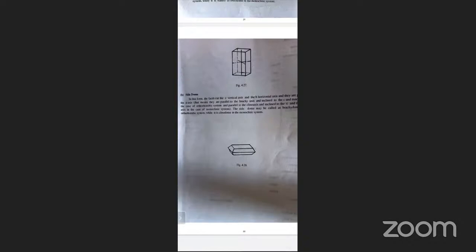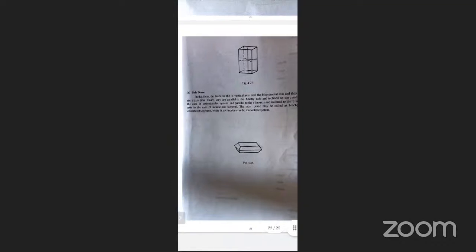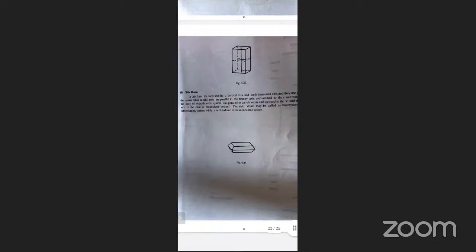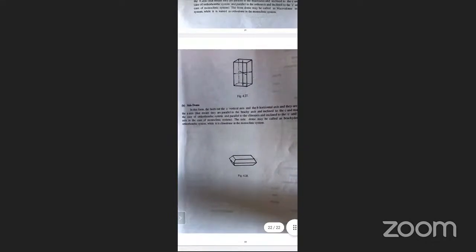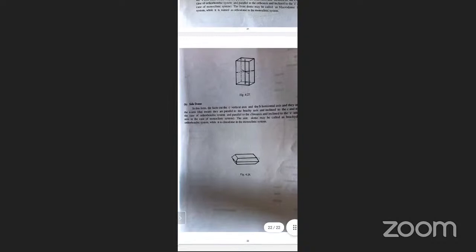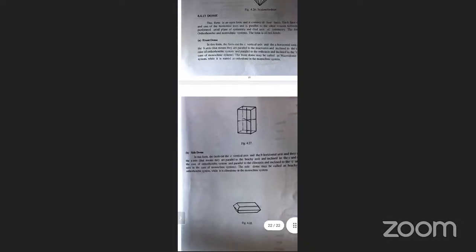Which means they are parallel to the brachy axis and stay inclined to the C and macro axis in the case of the orthorhombic system, and parallel to the Scaleno axis. As per that, the dome may be called a brachy dome in the orthorhombic system. Then it is a Scaleno dome in the monoclinic system.